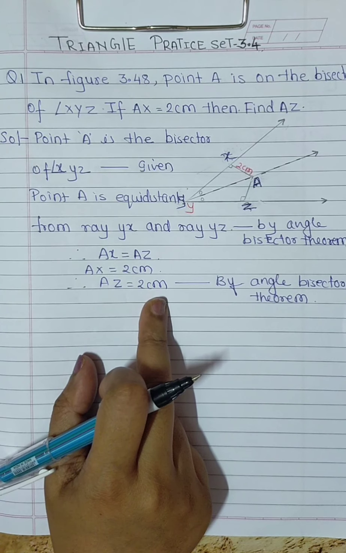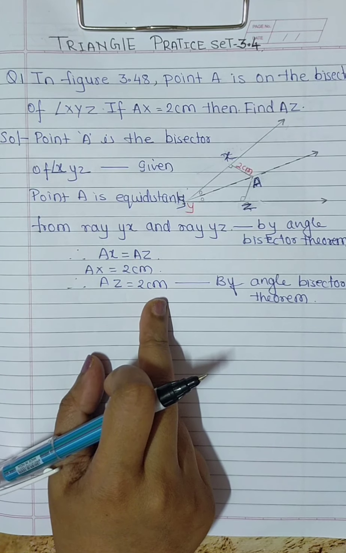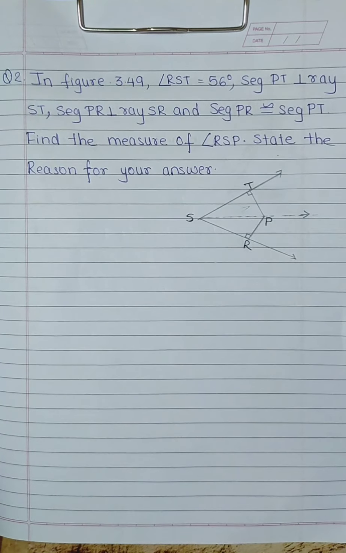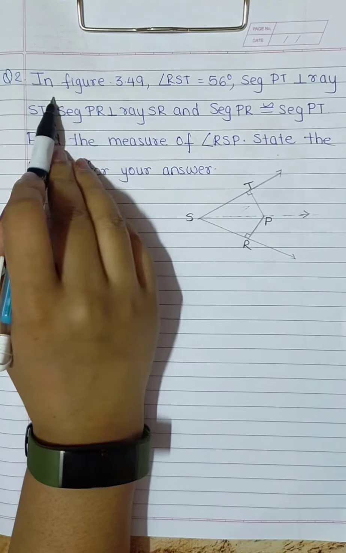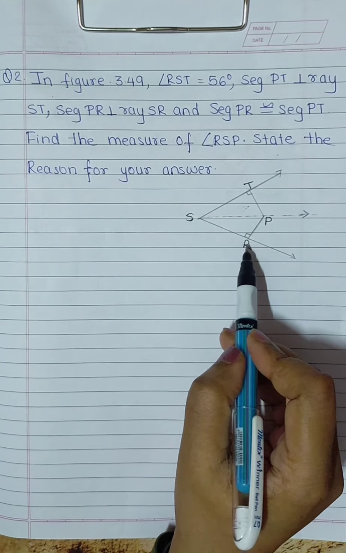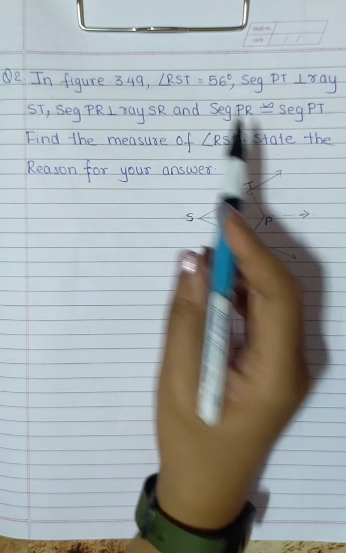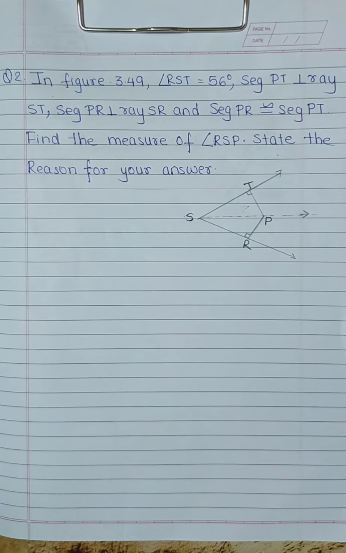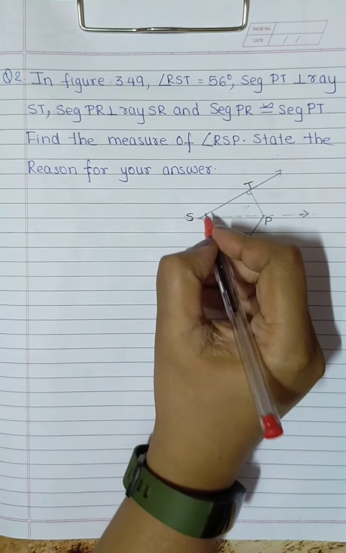Now we are going to solve question number 2 of practice set 3.4. Now here question number 2 is given in figure 3.49. Angle RST is equal to 56 degree. So it is given 56 degree.